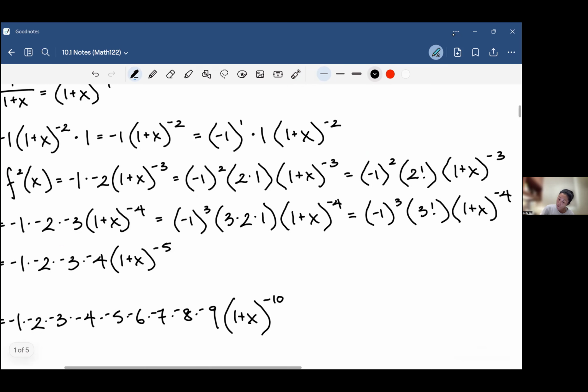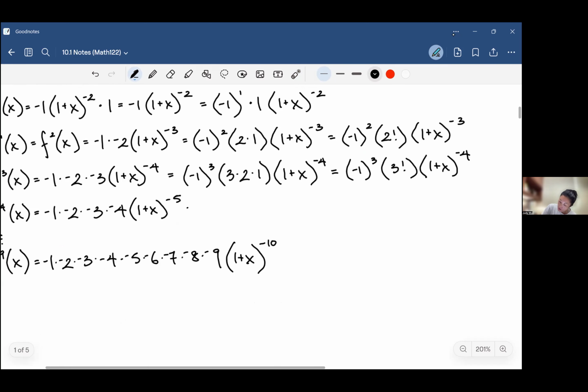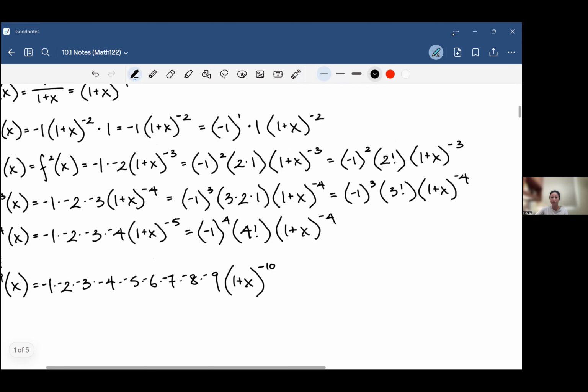Can I do the same thing for the fourth derivative? Well, yeah, I can take out 1, 2, 3, 4 -1s. So -1 to the fourth. What's left is 4 times 3 times 2 times 1, 4 factorial, and then the 1 plus x to the -5.